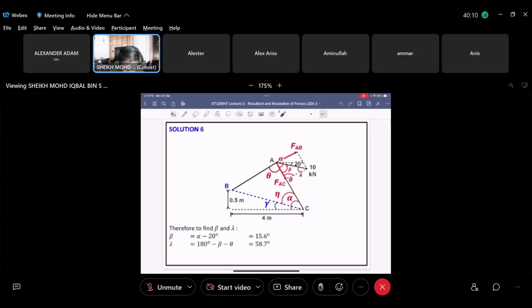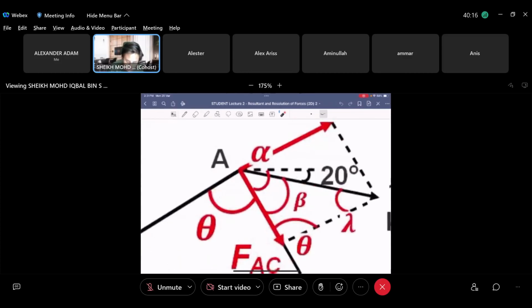So beta here is equal to alpha minus 20 degree, because as you can see here, the alpha also includes the 20 degree there, right? You need to calculate that angle where it does not require the 20 degree, because you just want to find the angle here, right?